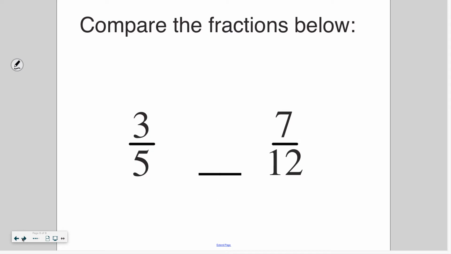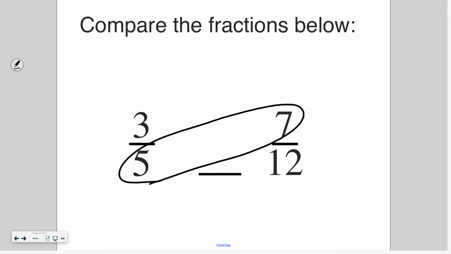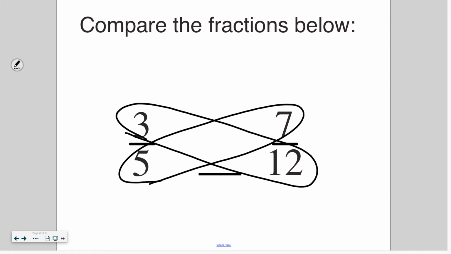So let's try one together. So I have 3/5 and 7/12. So we're going to crisscross and multiply up from the denominators. So 5 times 7 is 35, and 12 times 3 is 36. So again, I'm not going to multiply the denominators because I'm not trying to add these fractions, so I don't need to have a common denominator.